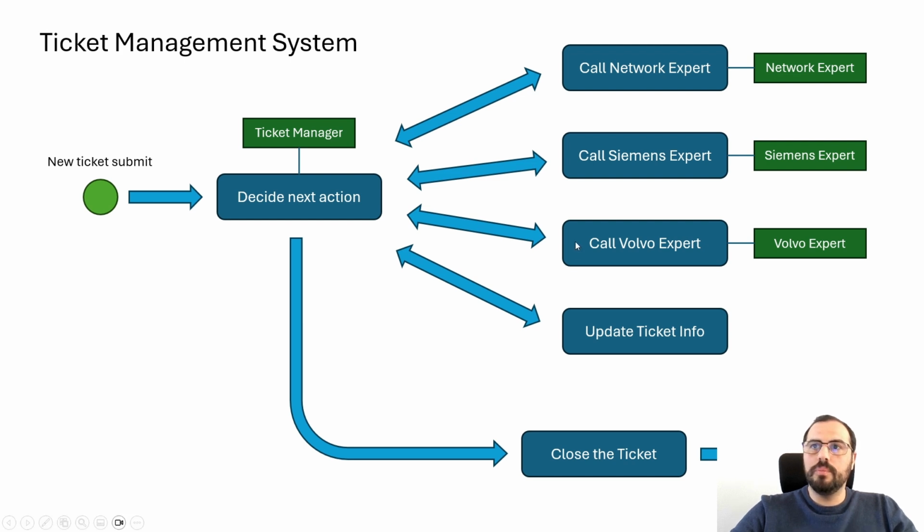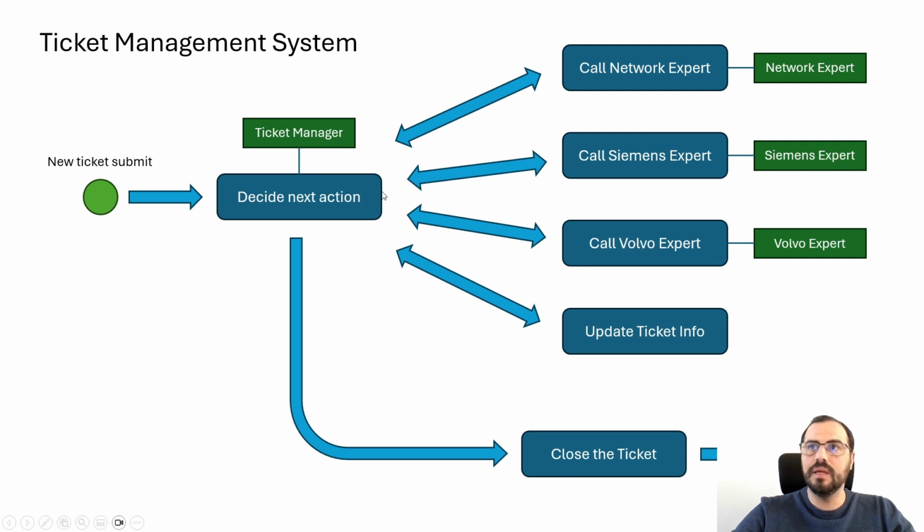Okay, so an important thing here is that if you check the direction of the arrows, you may see that except for the closed ticket, all the actions go back again to the ticket manager. And this is an important pattern of the orchestrator or the supervisor: he calls a certain task of different agents, but then he receives the outcome of that task.